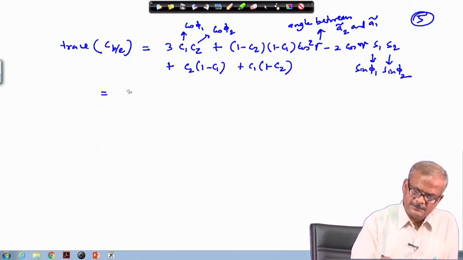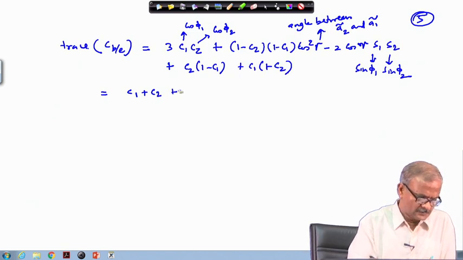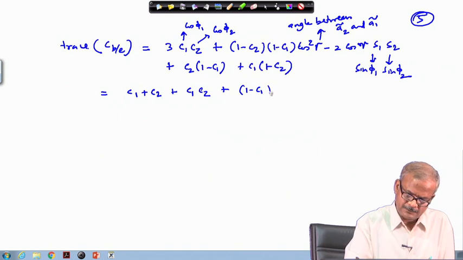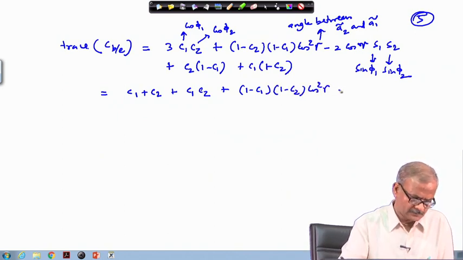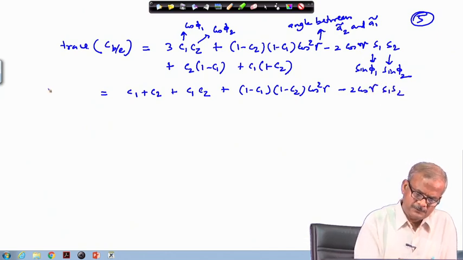If we try to simplify this, it will look in this format: C 1 C 2, so this is the trace of C B slash E.